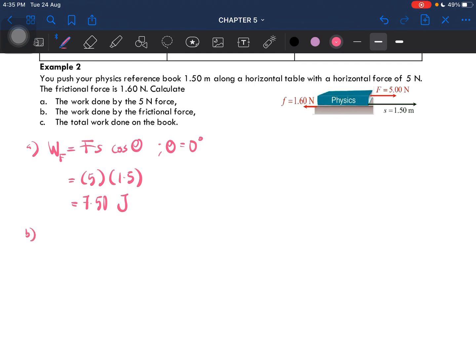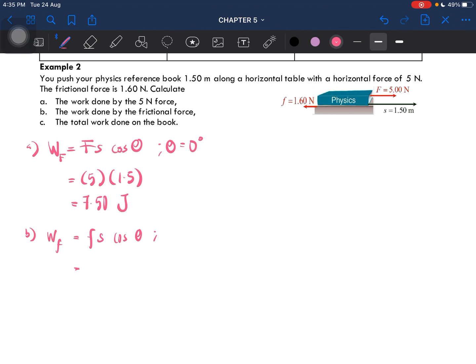And then question B is asking for the frictional force. So for the frictional force, we are just going to change the capital F to the small f, because that is the frictional force, times the displacement cos theta. Again, theta here is equal to 0 degree, which is equal to 1, cos 0 is 1.